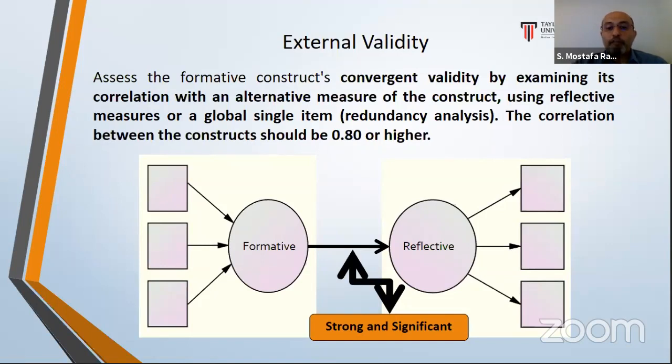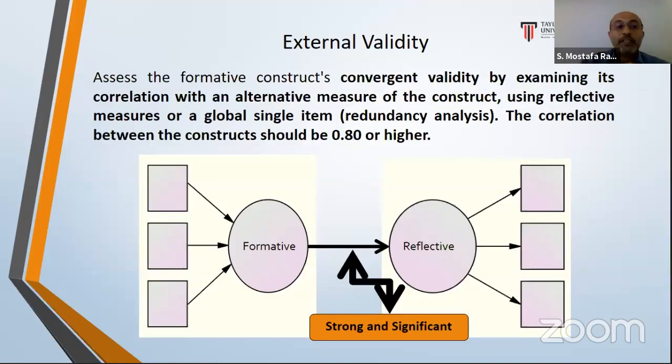For a formative construct, we need to assess the relationship between the formative construct and a reflective construct or one overall item. This is something I referred to when I explained formative and reflective.